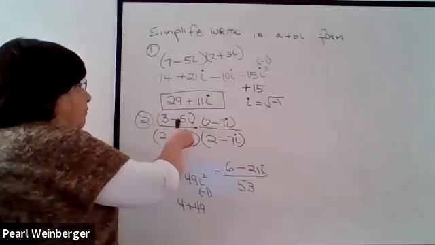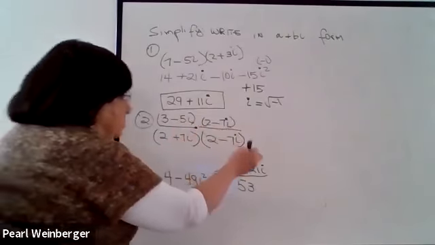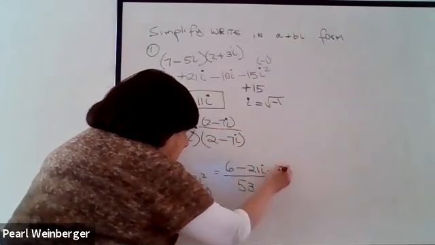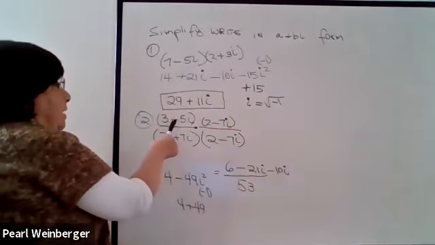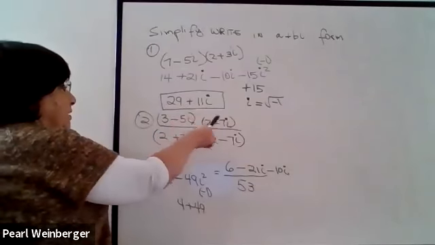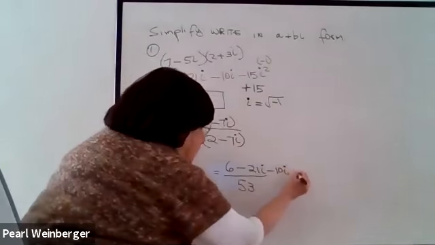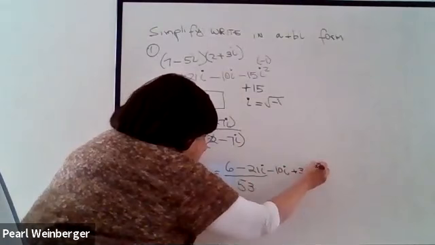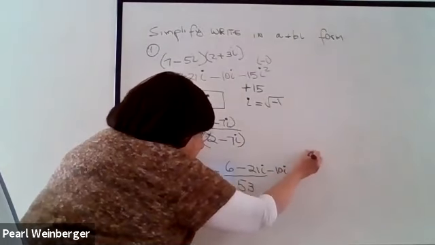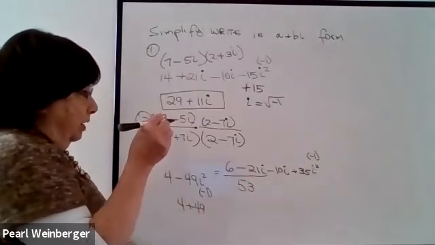Inner is negative 5i times 2, which is negative 10i. And finally, last is negative 5i times negative 7i, which is positive 35i squared. And again, I see this i squared, which I replace by negative 1.